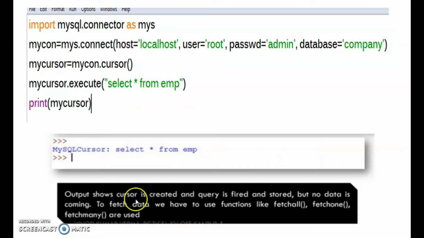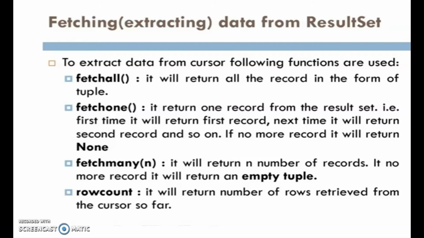To print the data, you have to fetch data by using functions like fetchall, fetchone, or fetchmany. So first one, fetchall. The fetchall function will return all the records in the form of tuples, all the records from the database.